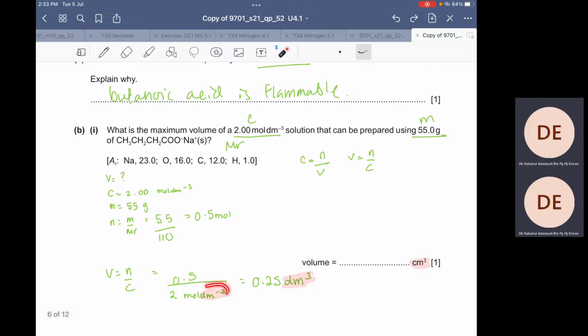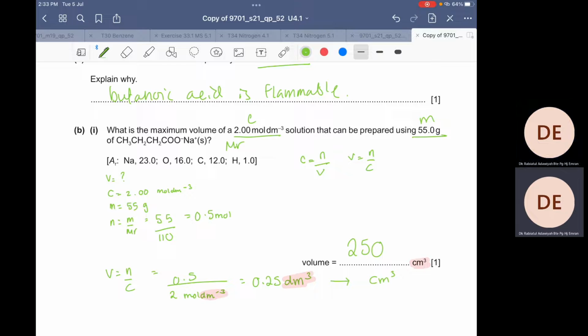However, be careful, your concentration is in dm cube. So your final answer will be in dm cube and you need to convert it to cm cube. How do you convert it to cm cube? Times by 1,000. So 0.25 times 1,000 should be 250.